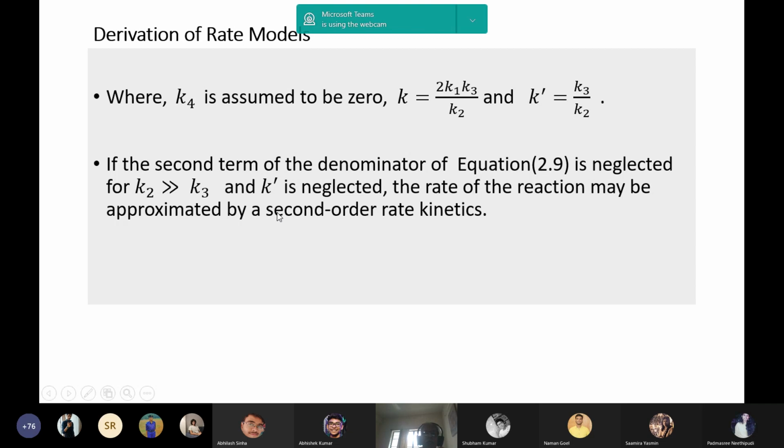From the theory, you have already learned that for a non-elementary type reaction, there is no order. We cannot say first order, second order, but it is converted to an elementary type sometimes. Then we will get the order as second order.